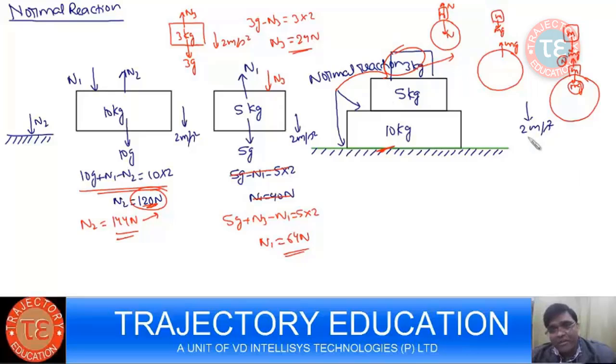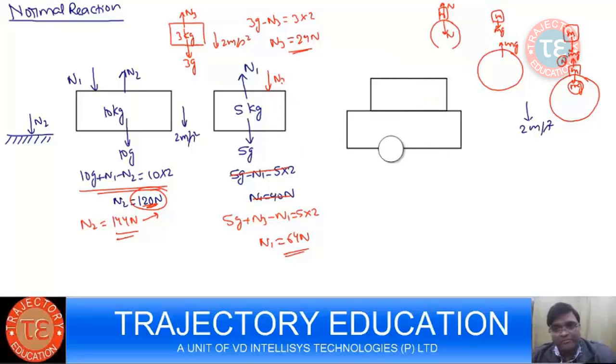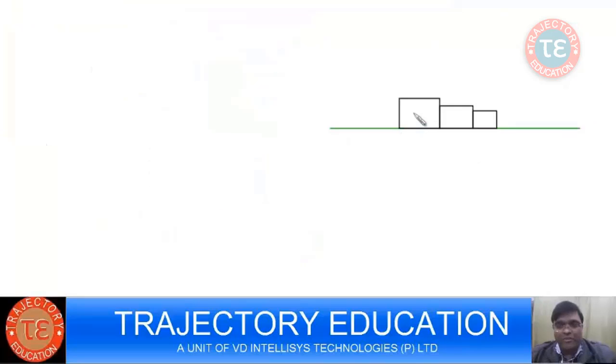Now in the same problem, I'll do some manipulation. Let me do it. Suppose instead of putting these masses one on the other, suppose you have these three masses. 10 kg. This is 5 kg. And this is 3 kg.